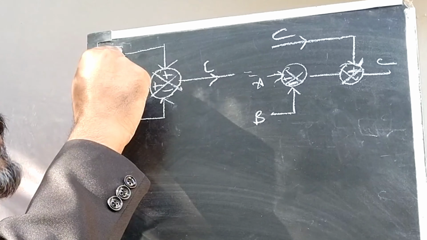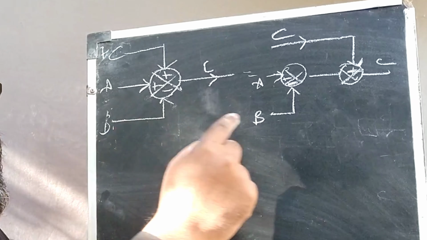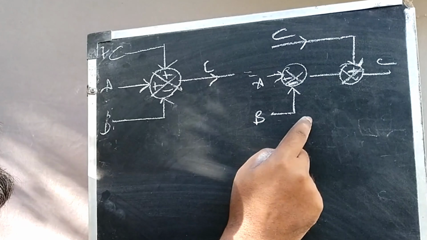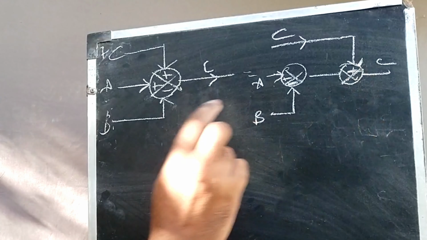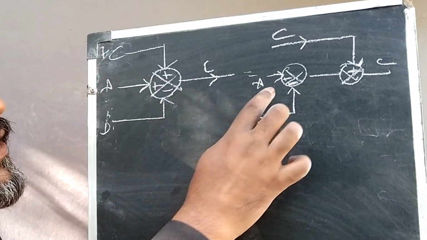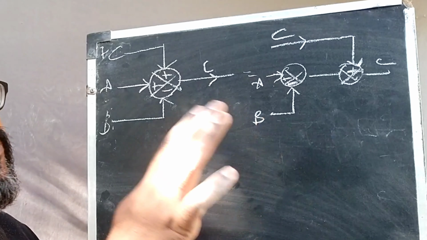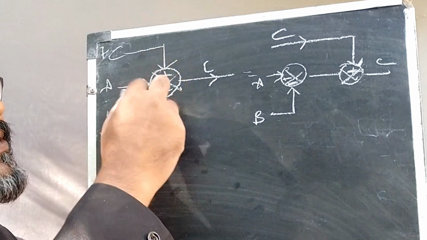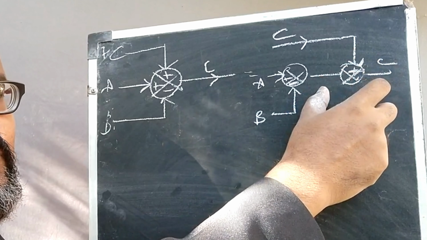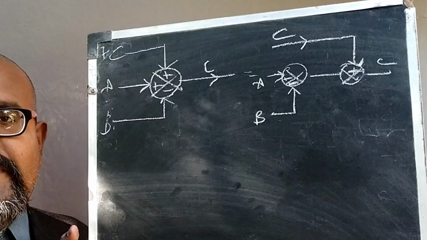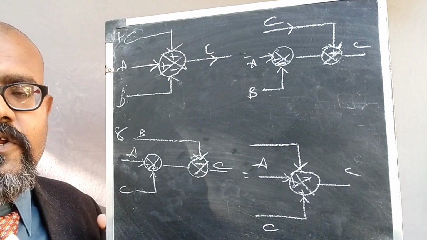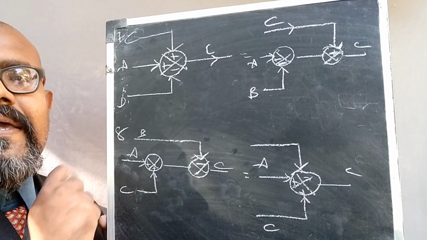The input variables C, A, B are all the same, and the sign variation is also not there. B is connected to negative here, C to positive here, and A is also positive. So the only thing you need to do is split this summing point into 2 and indicate the arrow marks. That's all.